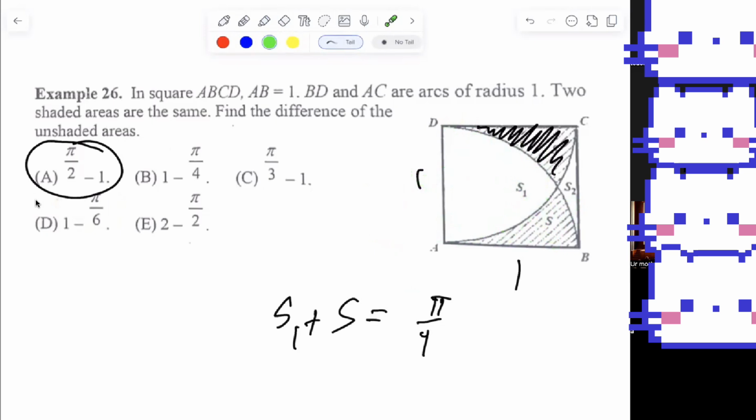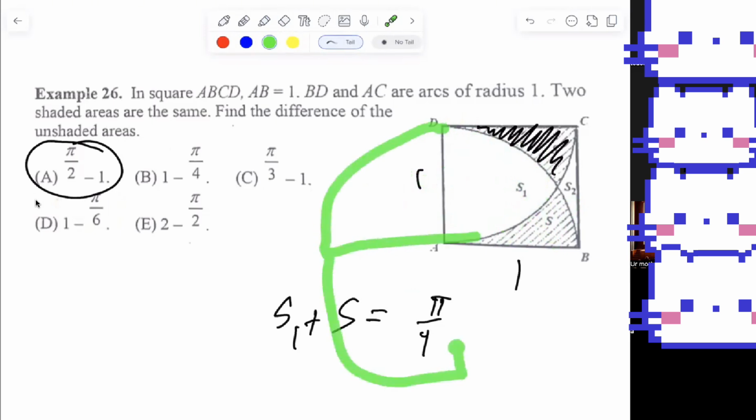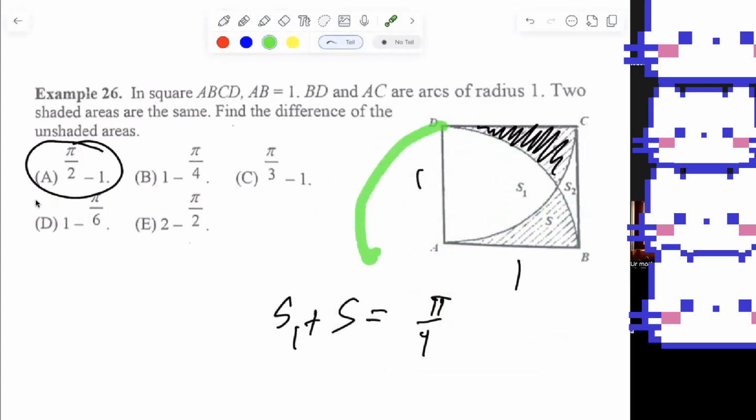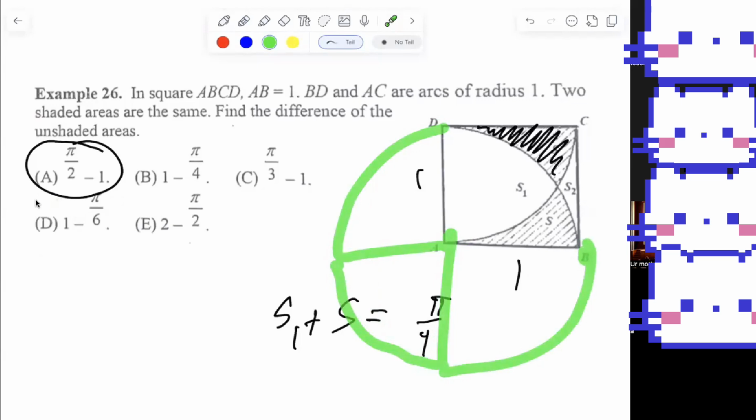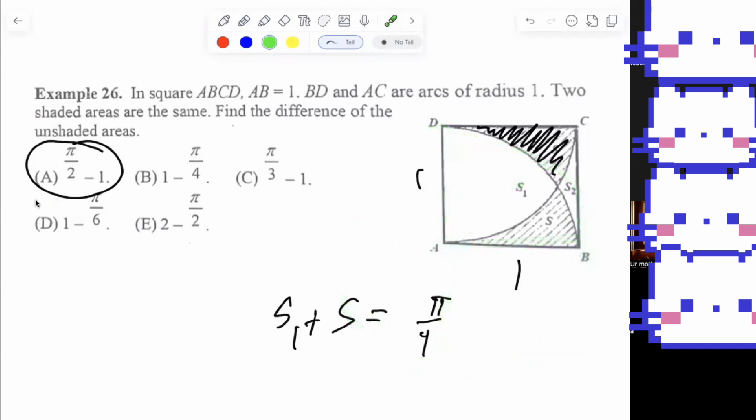The 4 came from the part being a quarter circle. It's part of the quarter circle, so the area is going to be pi over 4.